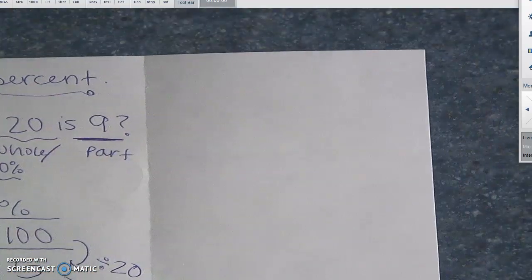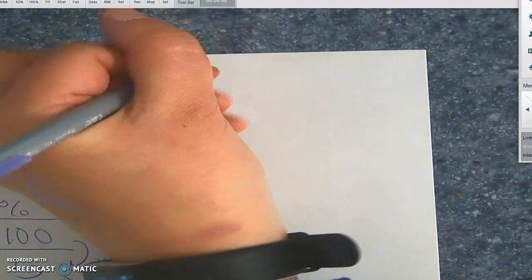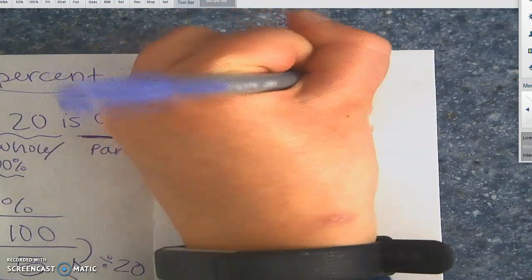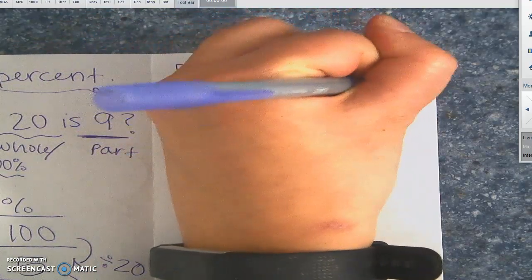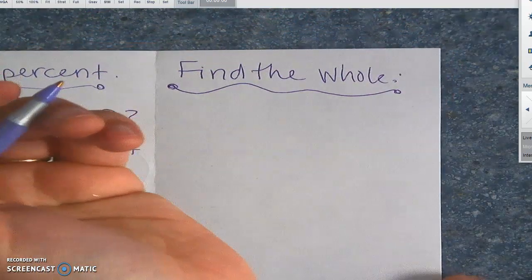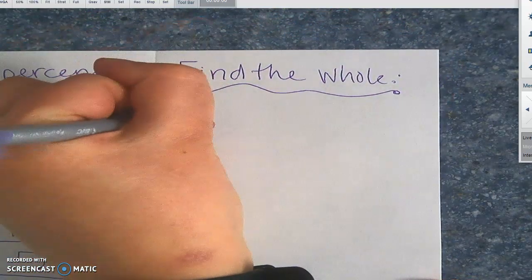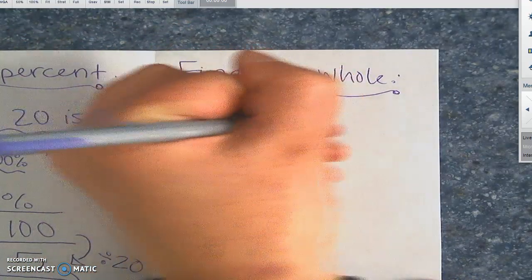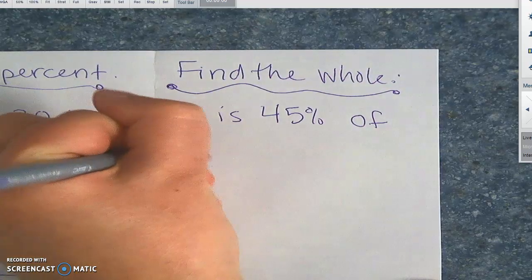Then the last thing we might be asked for is to find the whole. An example of this is, 9 is 45% of what number?